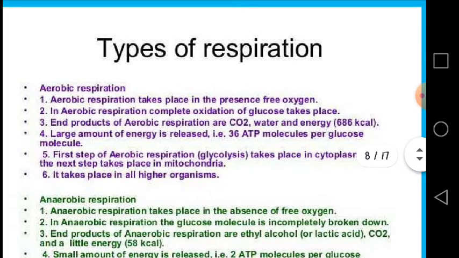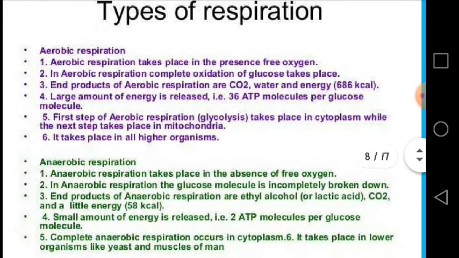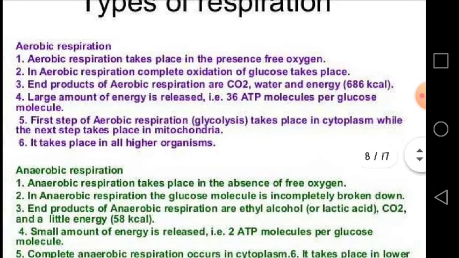Now we are focusing on the types of respiration. First is aerobic respiration. Aerobic respiration requires the presence of oxygen, and the glucose molecule is completely oxidized with the help of oxygen into carbon dioxide and water, and produces 36 ATP molecules from one molecule of glucose.